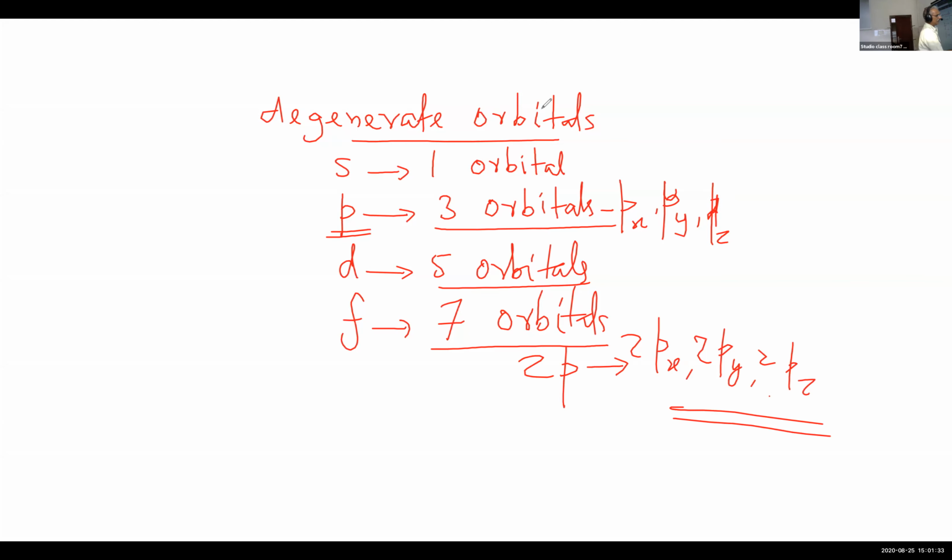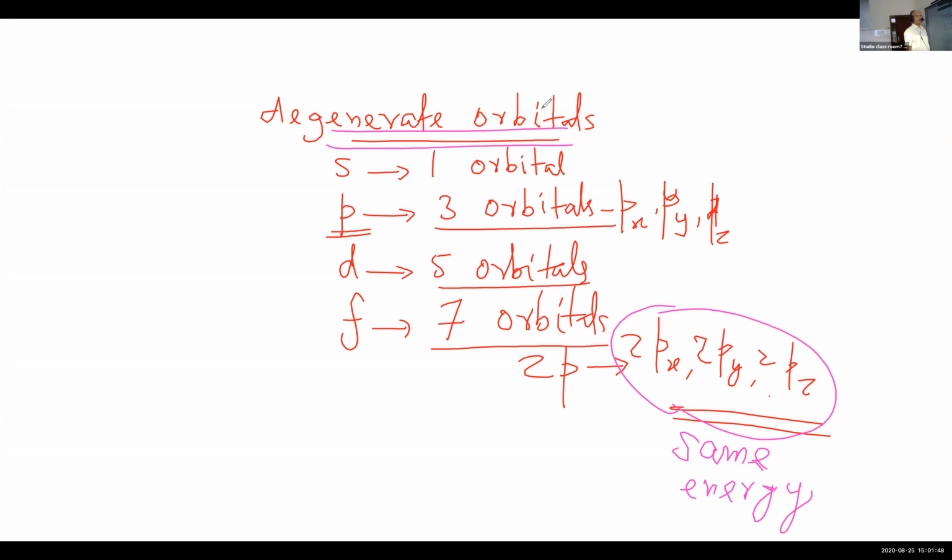And the orbitals with the same energy are called degenerate orbitals. So what are degenerate orbitals?